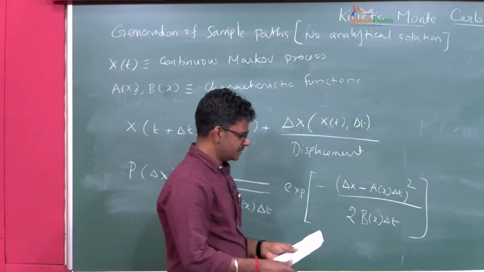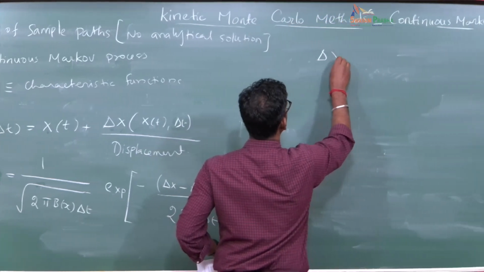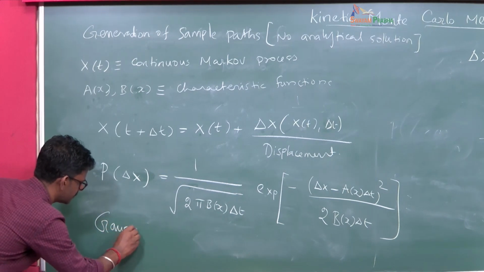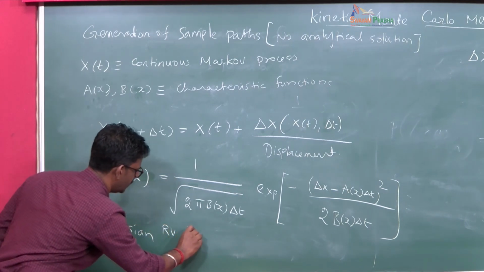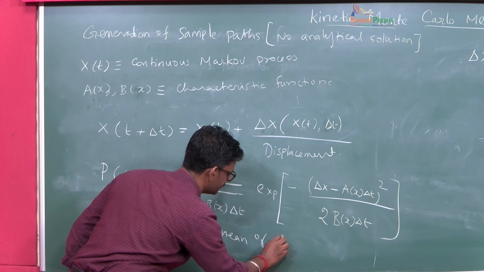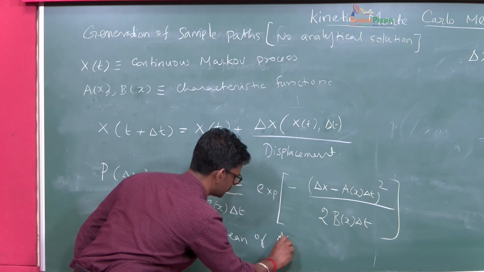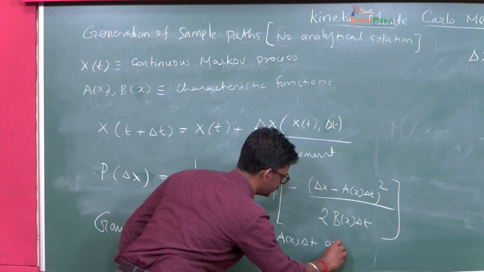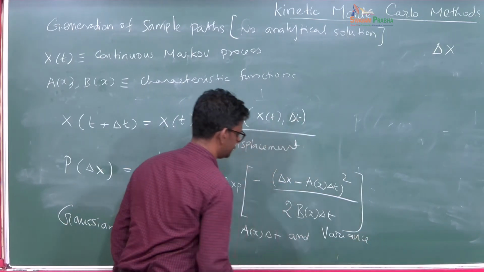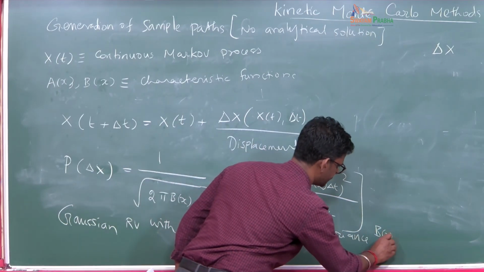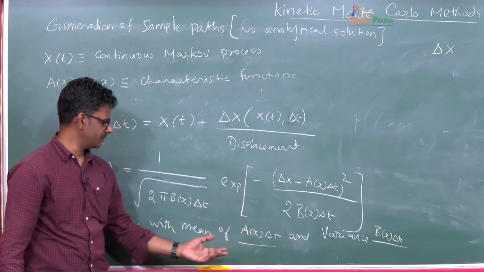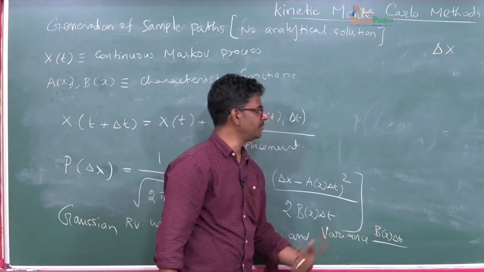So you would write something like this: delta x is a Gaussian random variable with mean a delta t and variance b of x delta t. So this is a Gaussian random number with mean a delta t and variance b delta t.